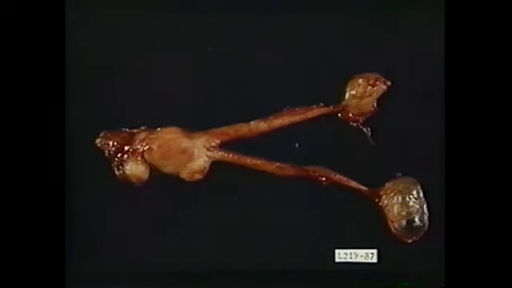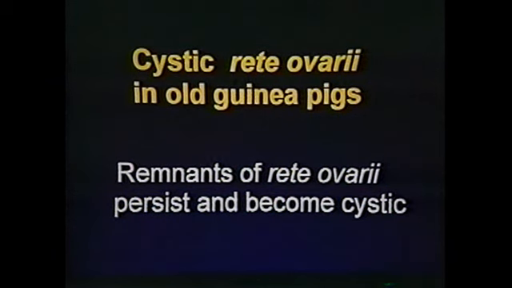In some cases, in addition to the cystic ovaries, there may be evidence of tumor formation in other areas of the reproductive tract. In this case, a very large leiomyoma involving the body of the uterus, and occasionally we do see leiomyomas and leiomyosarcomas in old sows. So cystic rete ovarii in old guinea pigs are remnants of the rete ovarii that persist and become cystic later in life.